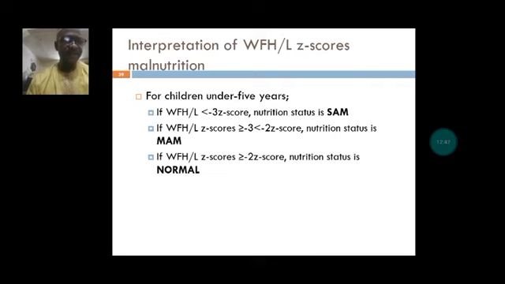If it is greater or equal to minus 3 and less than minus 2 Z, the nutrition status is MAM, that is moderate acute malnutrition. If WFH Z-score is greater than or equal to minus 2 Z-score, nutrition status is normal.